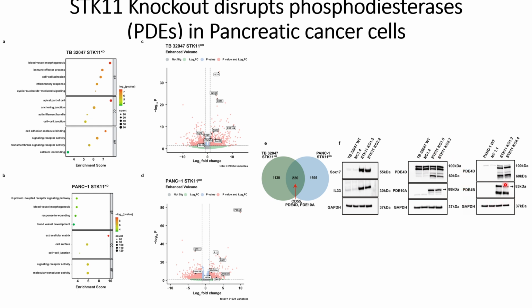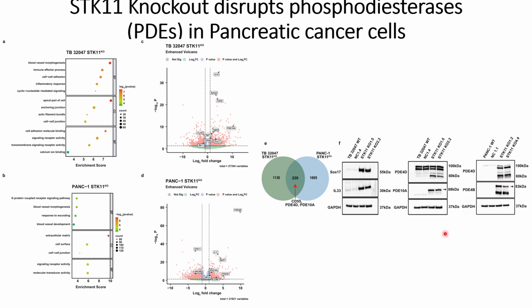But when it comes to the PANC1 cells, they see a stark difference in the expression of PDE4B between the PANC1 wild type and the PANC1 STK11 knockout cells. However, the PDE10A expression does not vary too much, and is very negligible, not visible with the Western blot in the PANC1 wild type and STK11 knockout PANC1 cells.